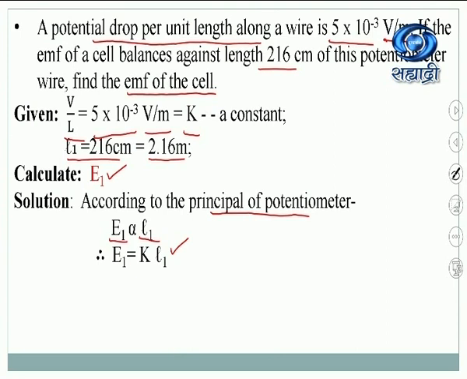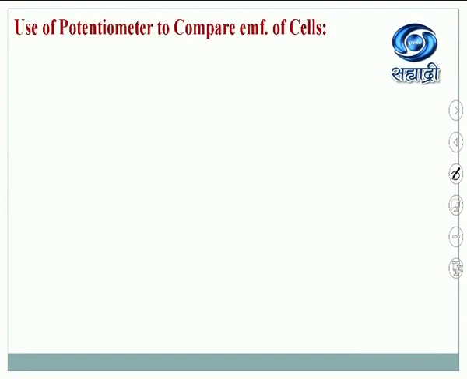We call this the potential gradient, that is V upon L. Its value is known to us. Substitute the values. The value of K is 5 into 10 raised to minus 3, and the length given is 2.16 meter. When we calculate this, the EMF of the cell comes out to be 0.0108 volt. So with the help of the potentiometer, we can determine the EMF of the given cell.